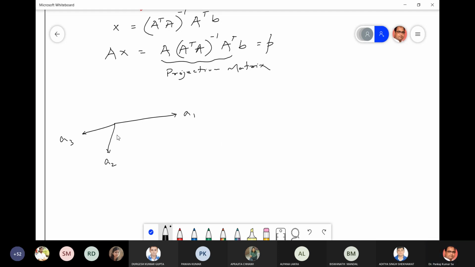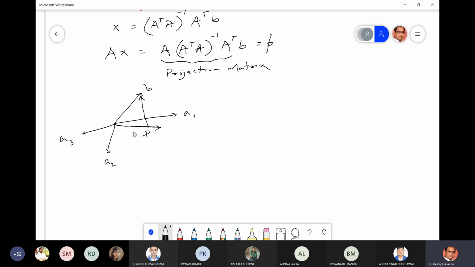And this creates a span. And we have a vector B. This B will be projected onto this column span A1, A2, A3. Let me say this is what the projection is, because this is what the vector P would be.